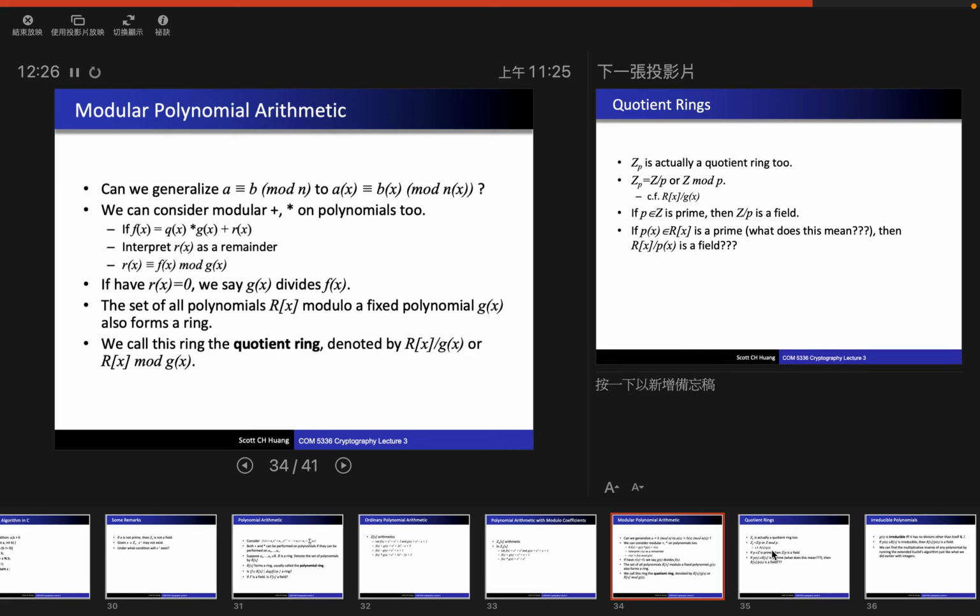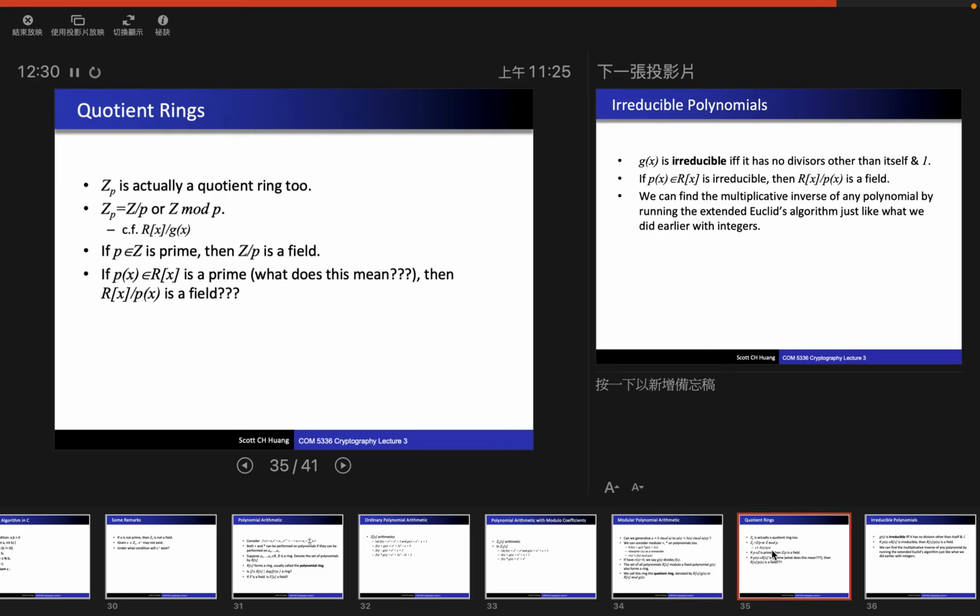Modular polynomial arithmetic. So we generalize this, right? The idea of this quotient ring is you mod something. In our earlier example, when we talked about the easy prime fields, what is a prime field?